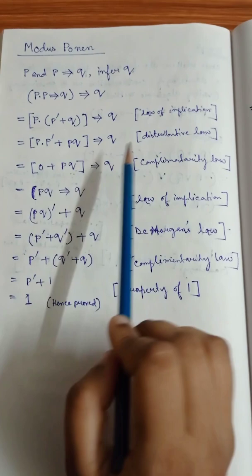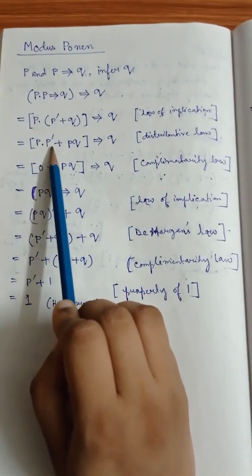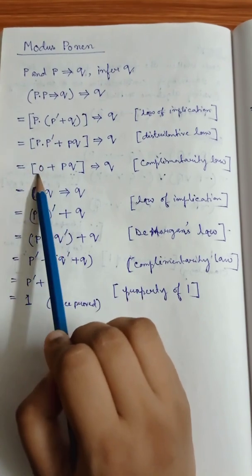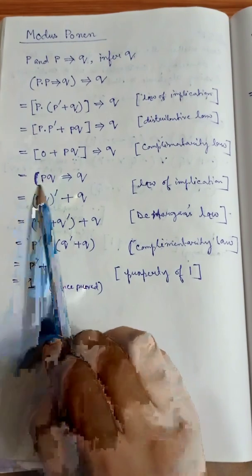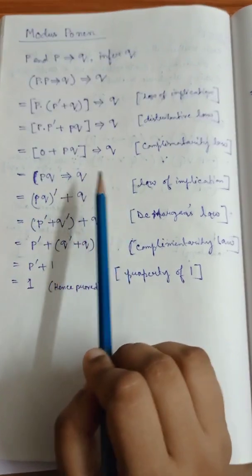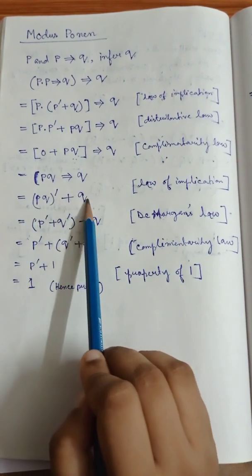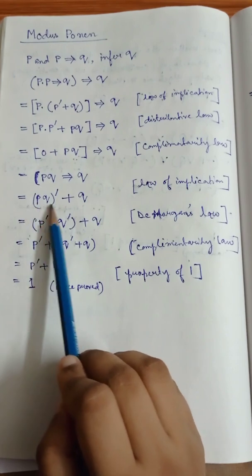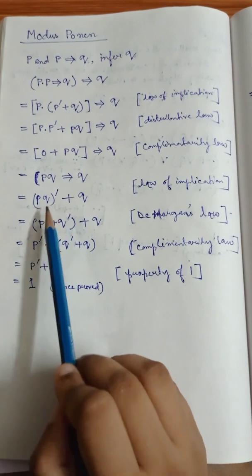Next, we use commutative law for P dot P complement. Using commutative law, P dot P complement gives 0. Next, we simplify this implies using law of implication, which gives (PQ) whole complement plus Q. Next, we use De Morgan's law to simplify (PQ) whole complement.